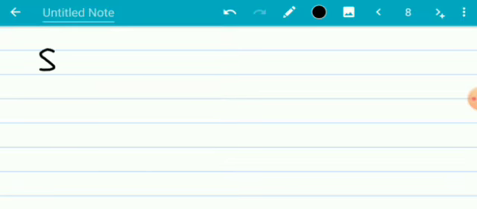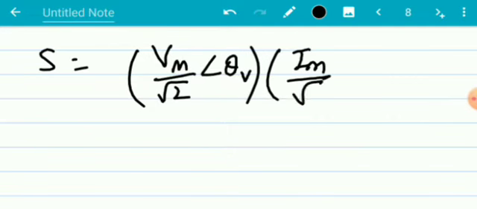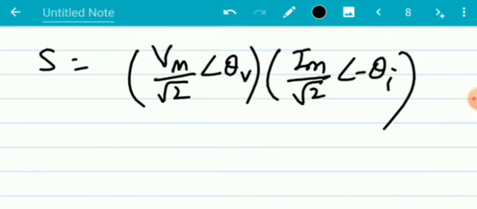So the complex power will be Vm divided by root 2 angle theta V, multiplied by Im divided by root 2 angle minus theta I. Why has this minus come here? Because of the complex conjugate.